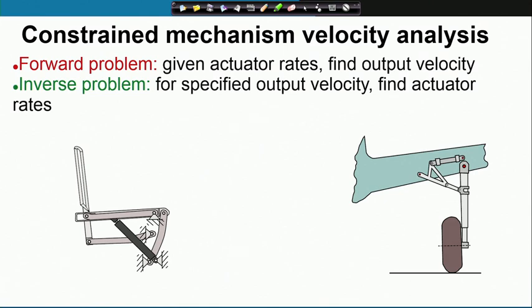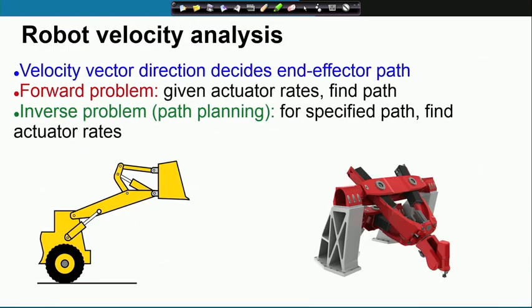So, you have two problems, forward and inverse. Given the actuator rates, finding the output velocity is the forward problem, and for a specified output velocity, finding the actuator rates is the inverse problem. In the case of robots, as we have seen before, the two problems are a little more complicated than in the case of constrained mechanisms. The reason is the velocity vector is tangential to the path.